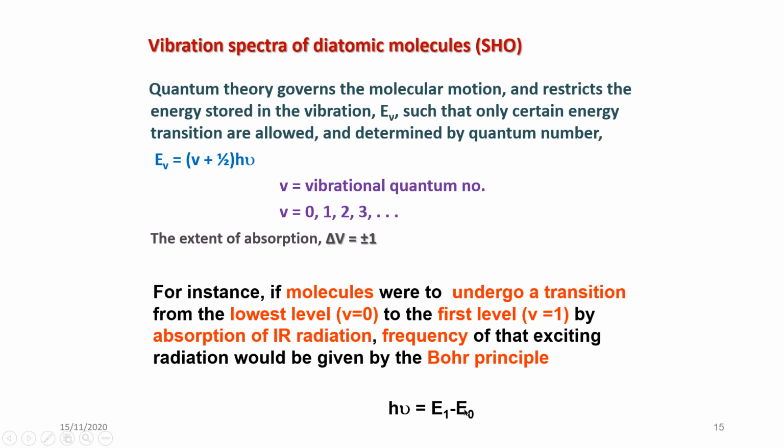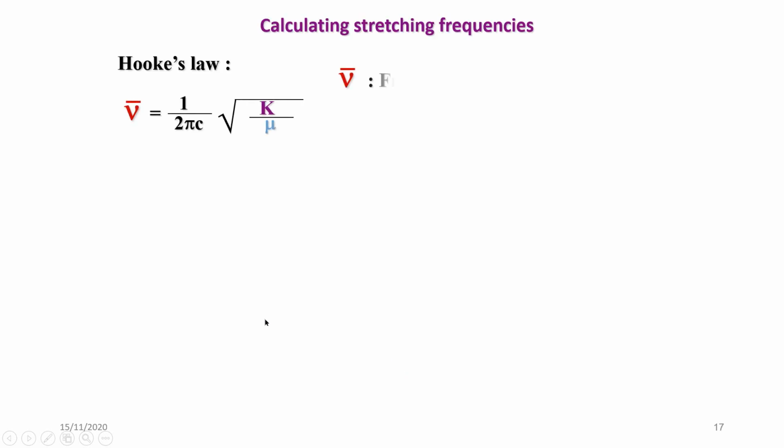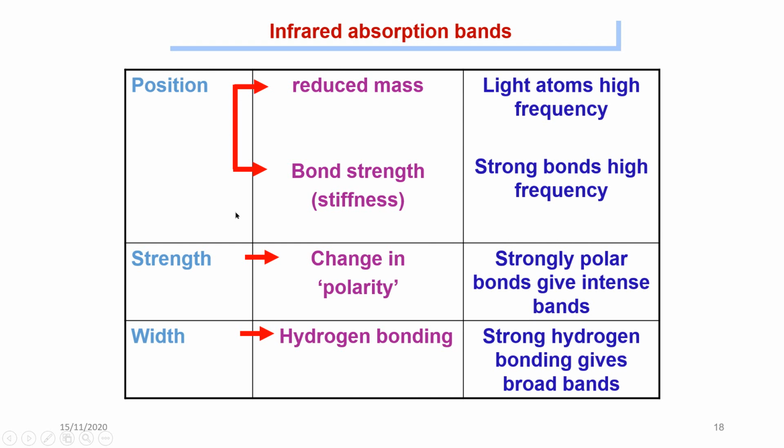That is, the energy difference corresponding to the particular frequency will be absorbed by the molecule, and the higher energy levels are usually called overtones, and they are not studied in basic IR spectroscopy. So here it is possible to calculate either the force constant or the reduced mass with the help of this formula, provided all the information is given.